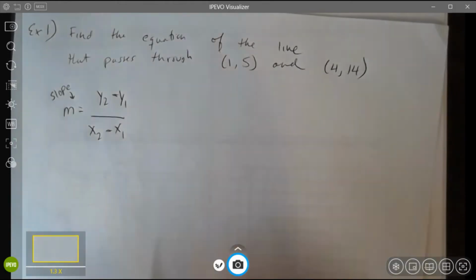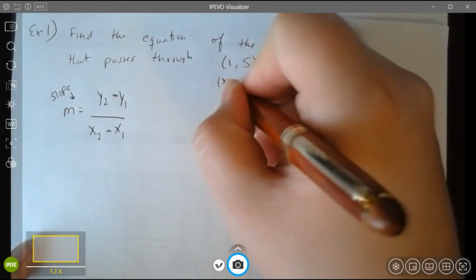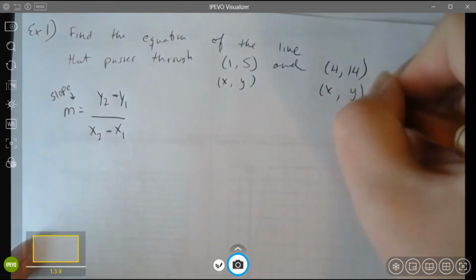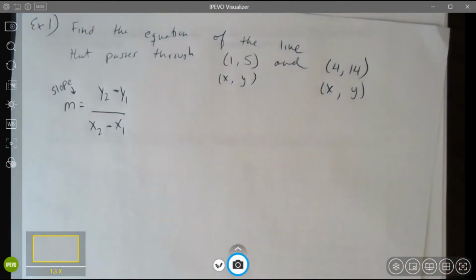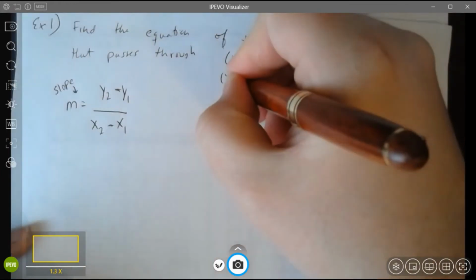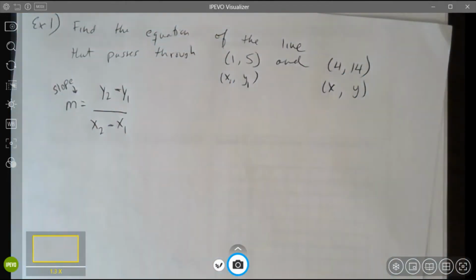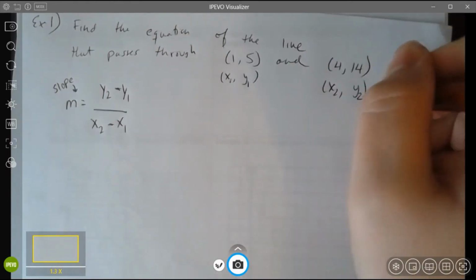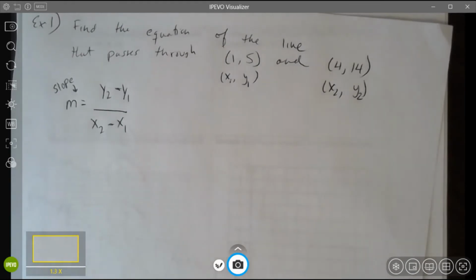We have x, y in both points. To differentiate between the 2 points, we label one point x1, y1, with a subscript of 1. And then the second point, we label x2 and y2.